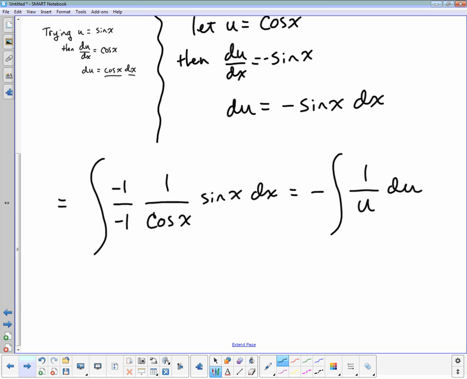Now, what is the integral of 1 over u? What thing, when I take a derivative of it, gives me 1 over u? Yes.